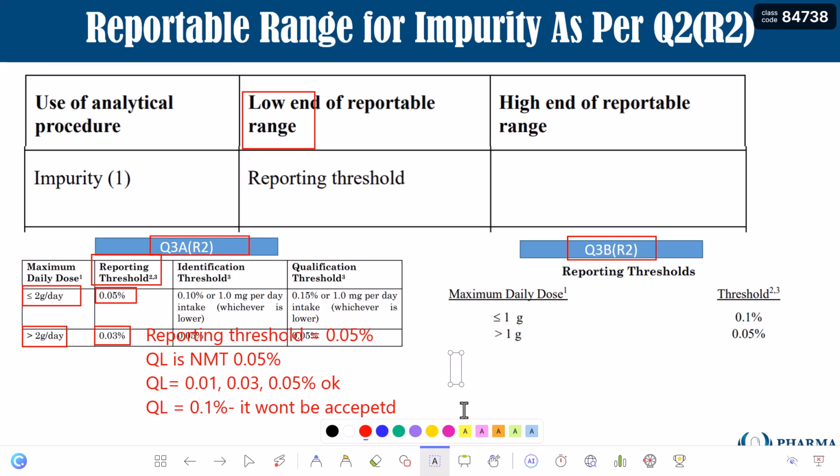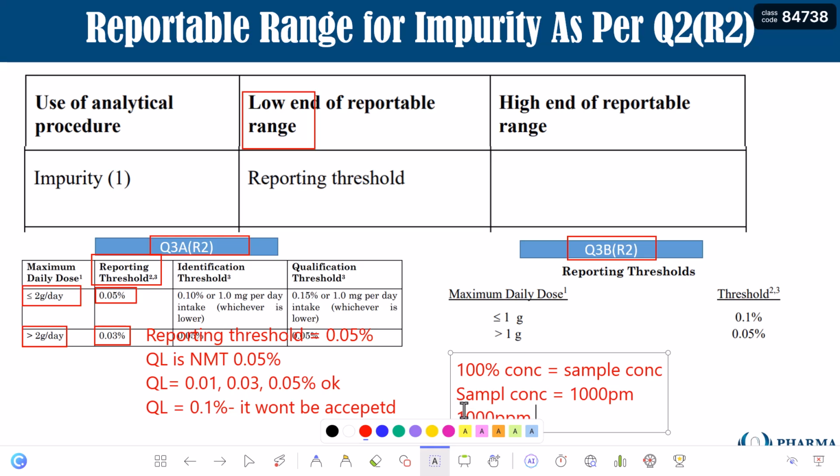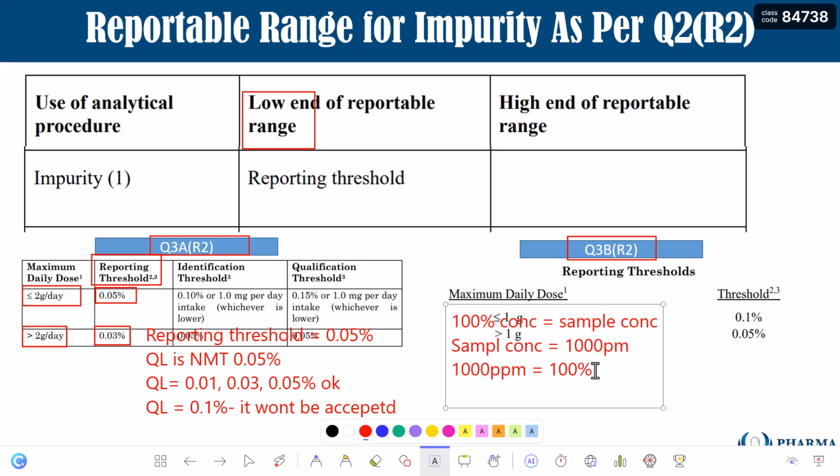Always remember, your 100% concentration is equal to your sample concentration. So what is your sample concentration? You say my sample concentration is maybe 1000 ppm. So 1000 ppm becomes 100%. Will you be able to now calculate 0.05%?